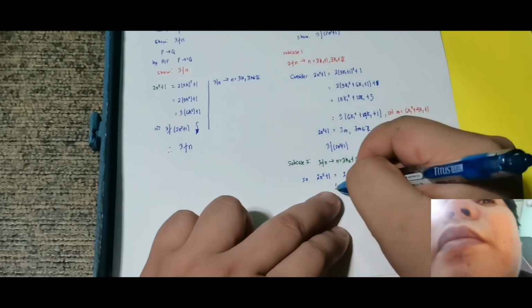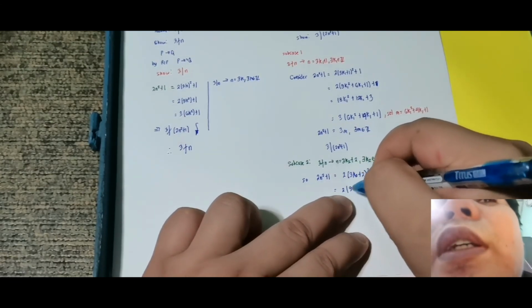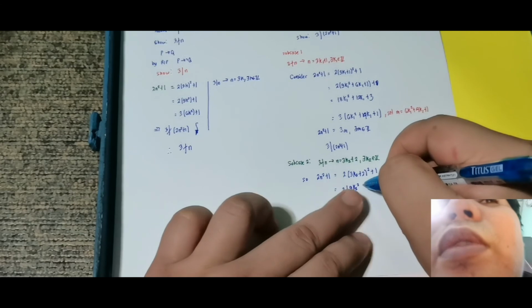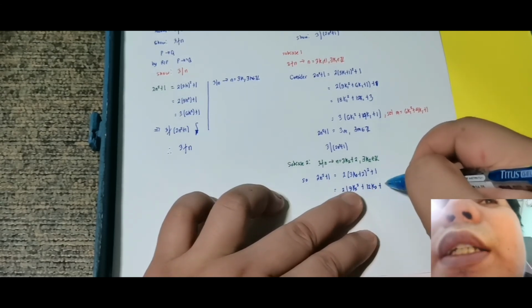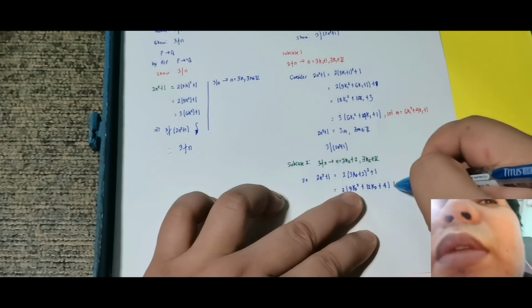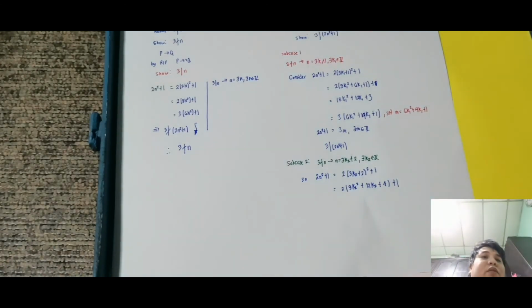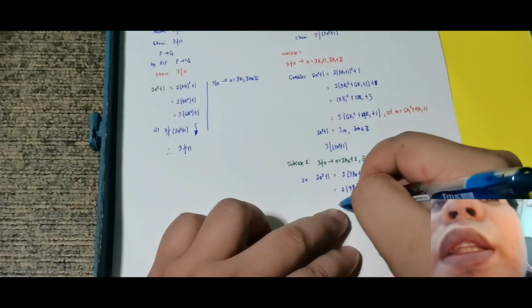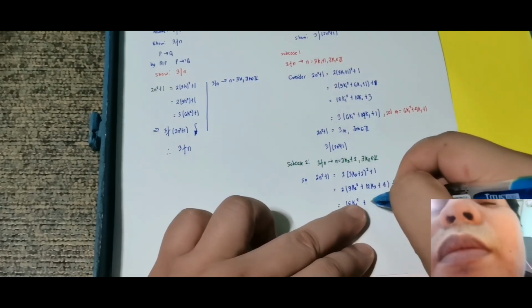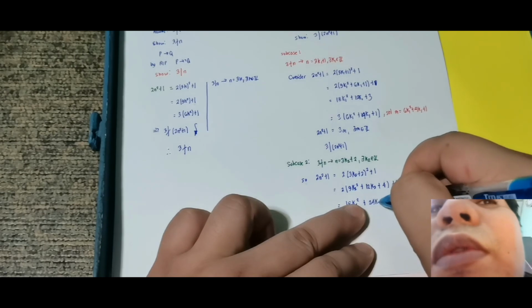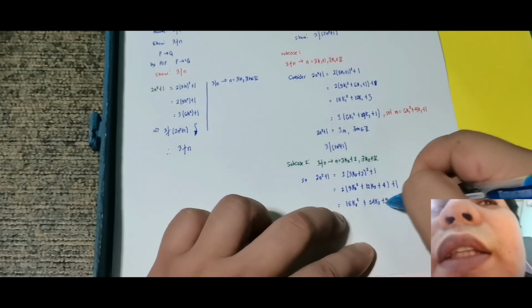So, pag in-expand, this is 2 times 9k sub 2 squared plus 12k sub 2 plus 4. Okay, then plus 1. Okay, so note na equivalent yan, that is 18k sub 2 squared plus 24k sub 2 plus 8 plus 9.